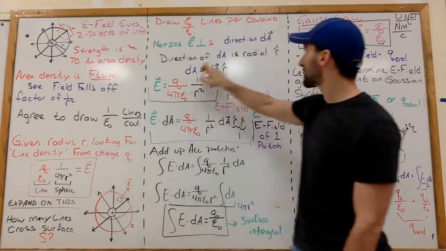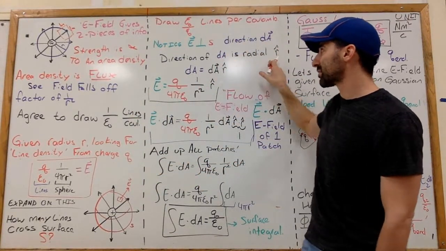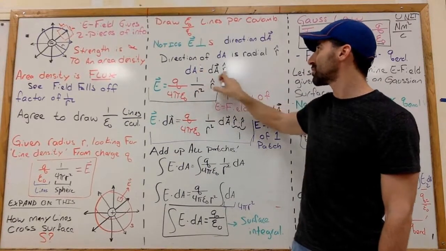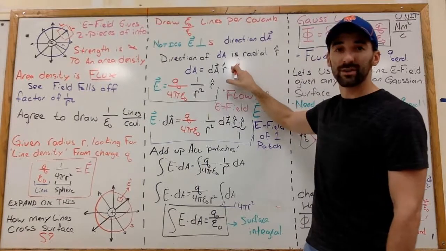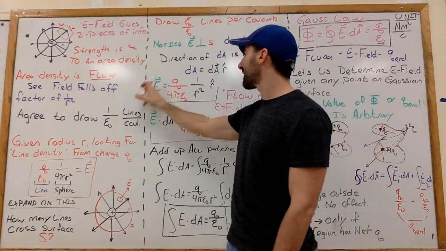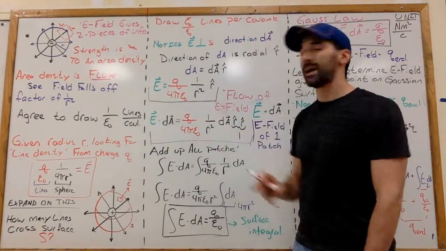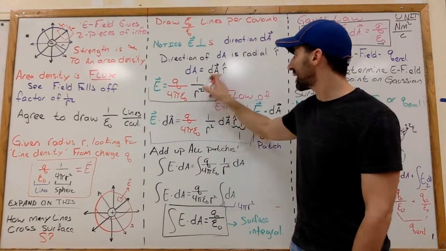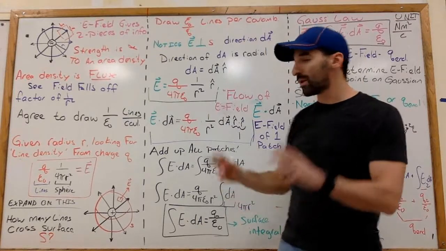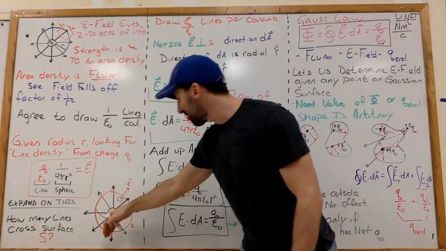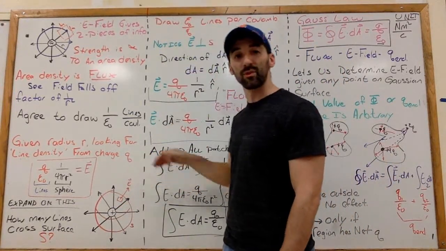I'm going to define my surface as dA in the radial direction, where dA is equal to my vector dA times r hat, or my radial direction. So I know my electric field, Q over 4 pi epsilon naught, 1 over r squared, in my r hat direction. Well, now I want to know the flow of my electric field going through that square.